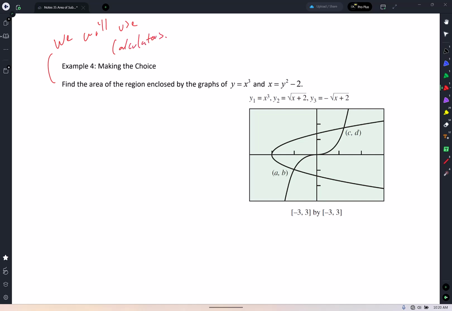We're gonna use our calculators, guys. All right, guys, focus. Let's go ahead and take out calculators. If you don't have one, please take one out.